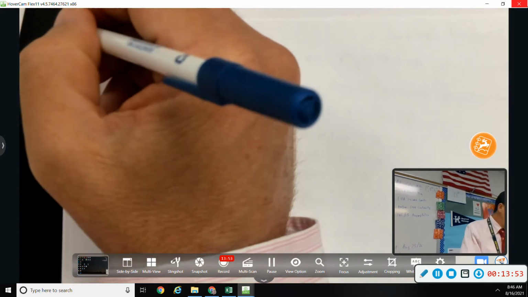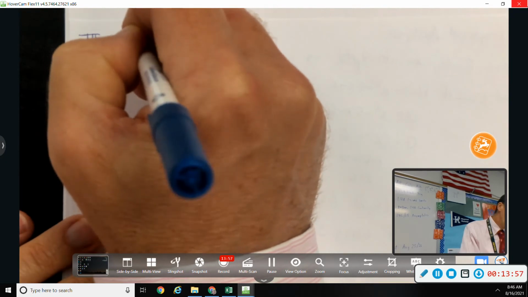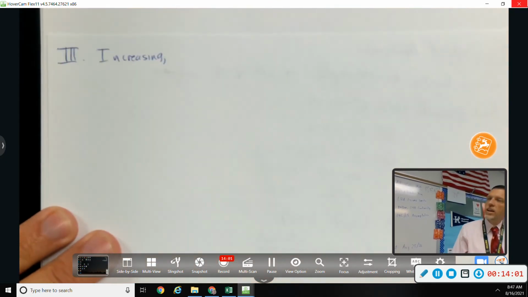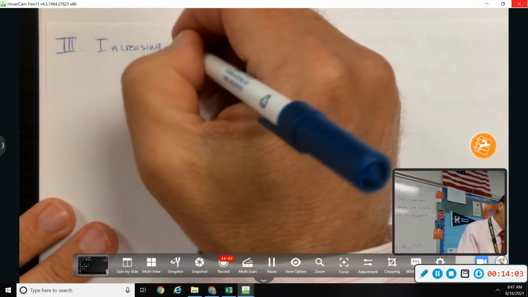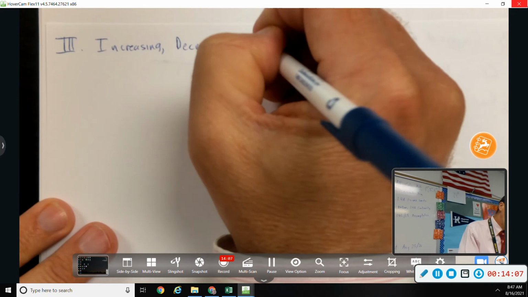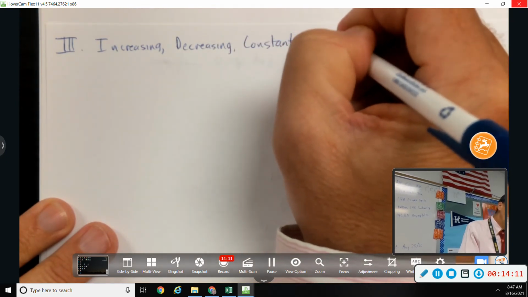Roman numeral 3. Increasing, decreasing, and constant. And these are intervals.